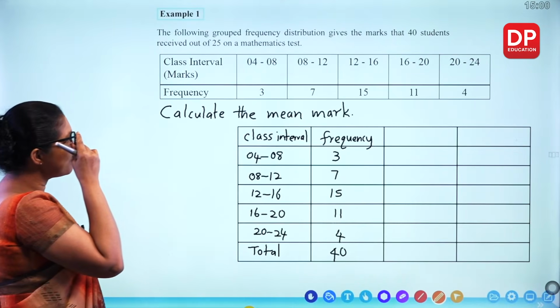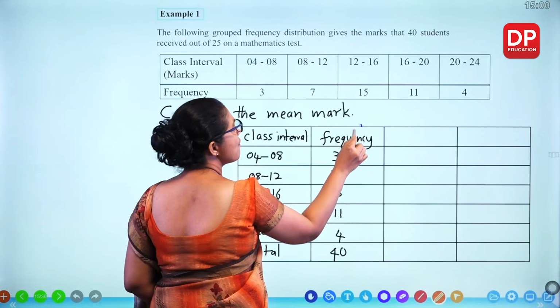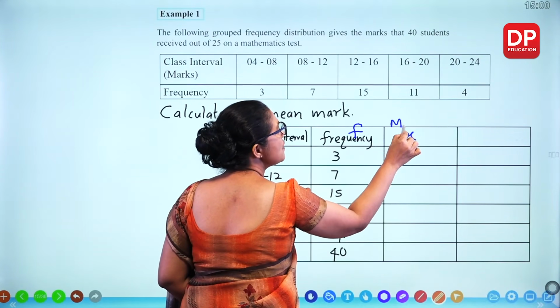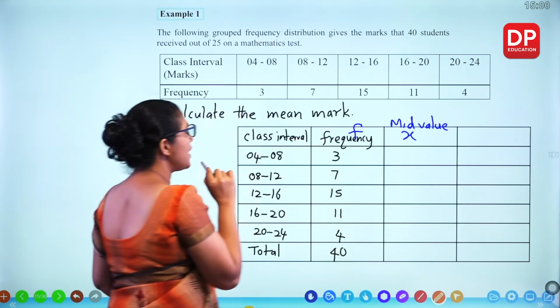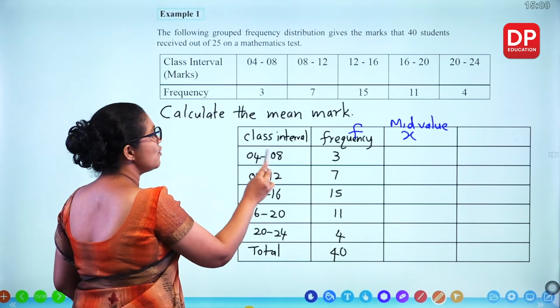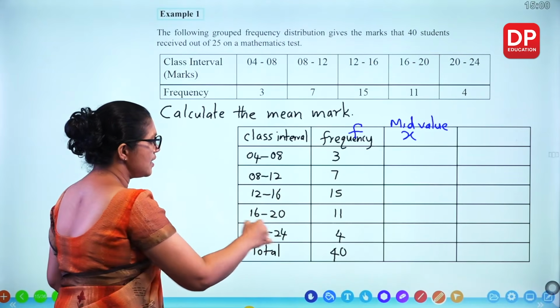Now what's the next step to find out the mean? So we know this is interval, this is f. We need to find out the x. x means mid value. How can we find out the mid value? Add the two interval values and divide by 2. So what are these given values?